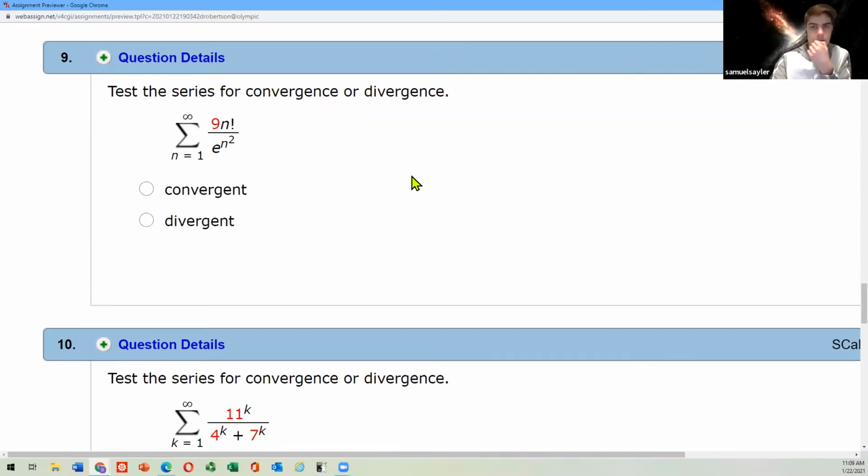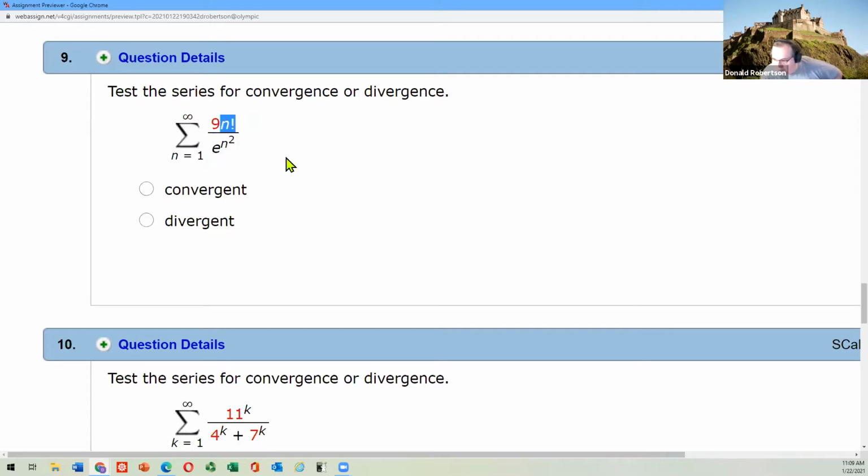What test is it? Ratio test. I don't care where it is. If you see an n factorial, you're going to have to do a ratio test, because none of the other tests can handle an n factorial. You can't differentiate it, so you can't use the integral test.